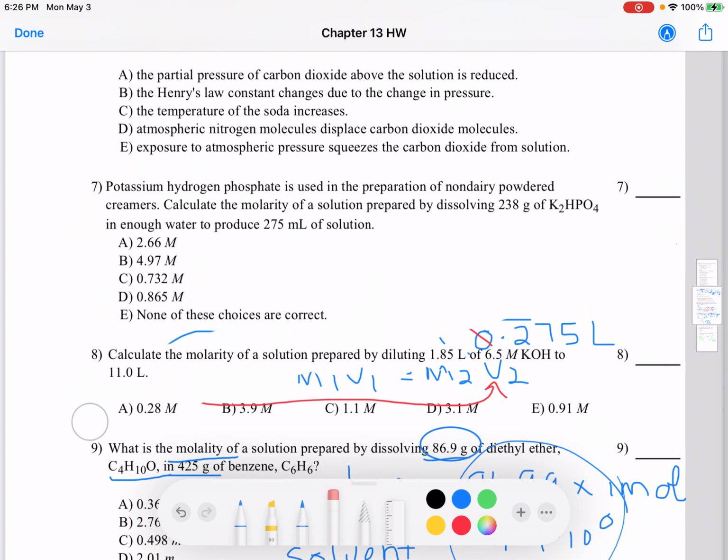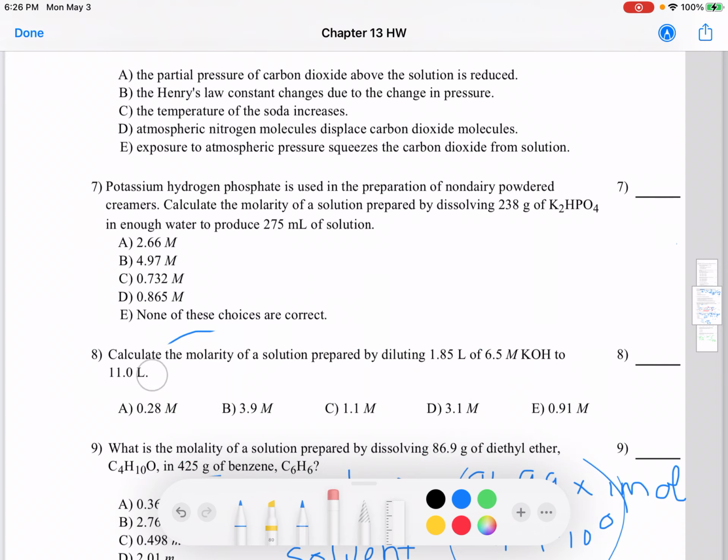Okay, number 7. Potassium hydrogen phosphate is used in powdered creamers. Calculate the molarity of a solution prepared by dissolving 238 grams of potassium hydrogen phosphate in enough water to produce 275 milliliters of solution.